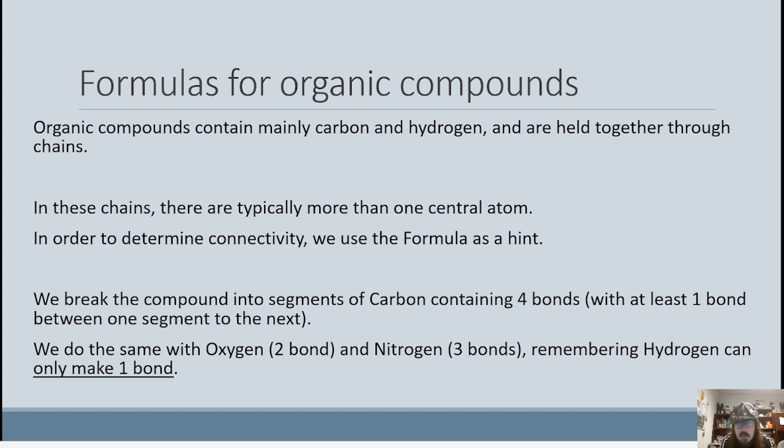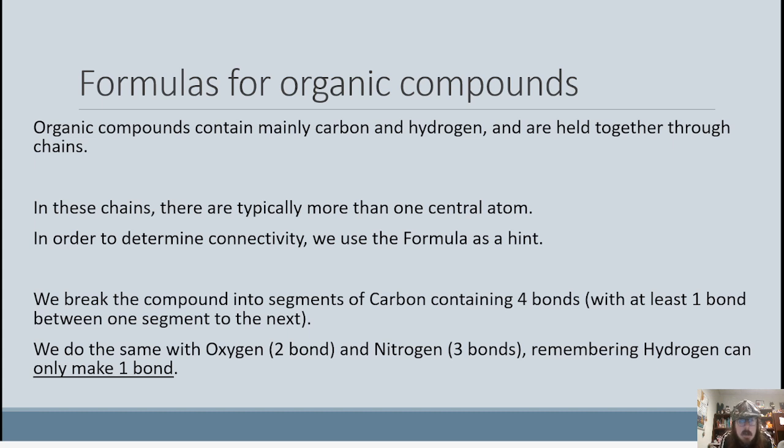However, as we're going to see in the following slide, if you can break these down into non-hydrogen atoms, you can break down a segment where carbon must connect to other carbon. We're going to be able to figure out how these work.